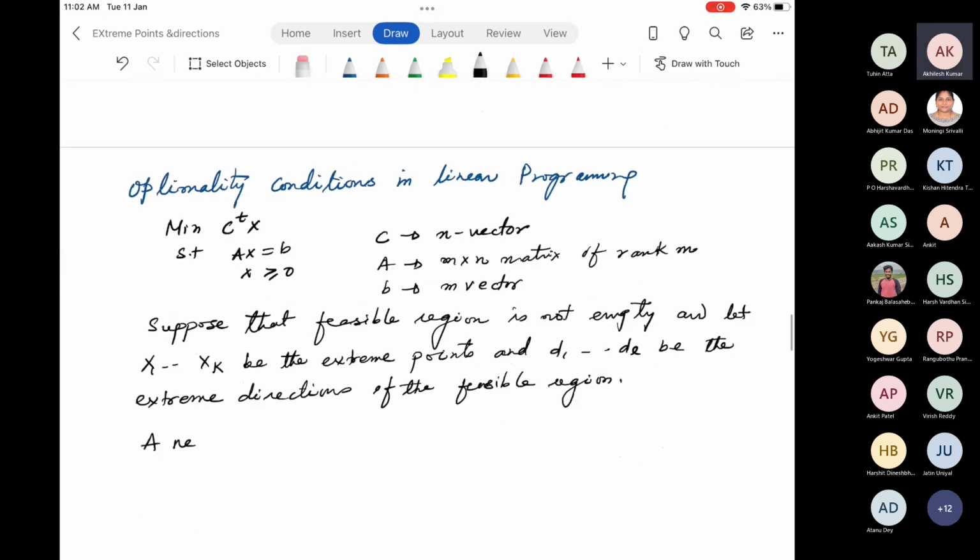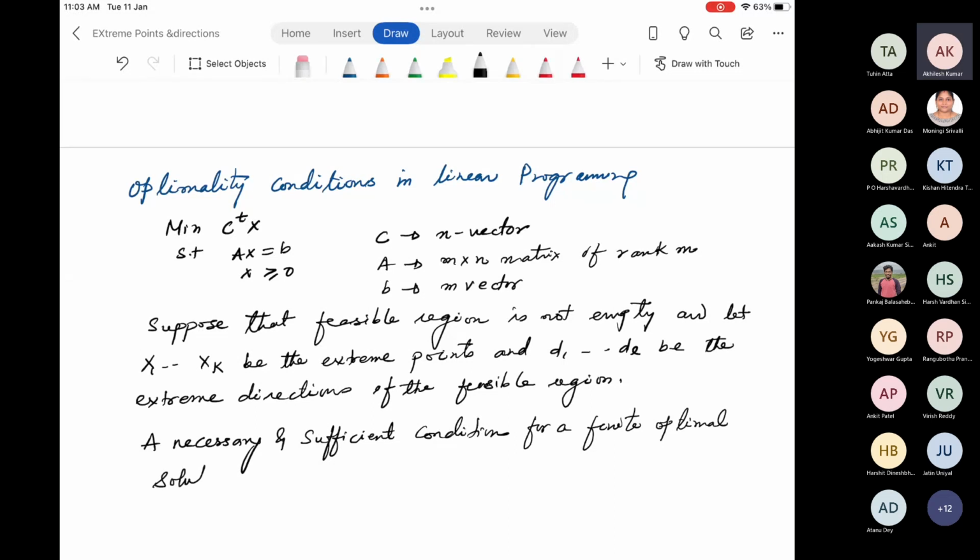A necessary and sufficient condition for a finite optimal solution is that C transpose dj is greater than or equal to 0 for all j from 1 to l.